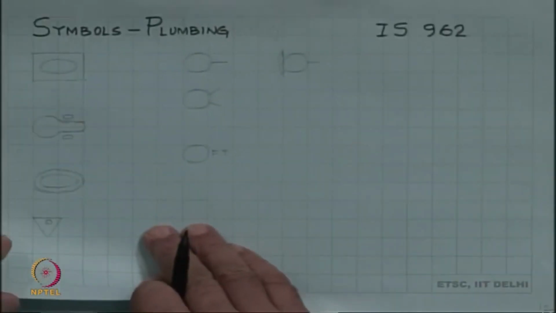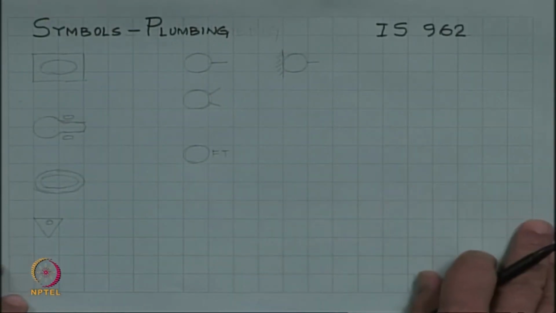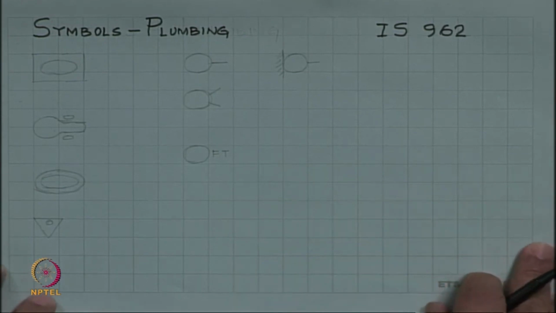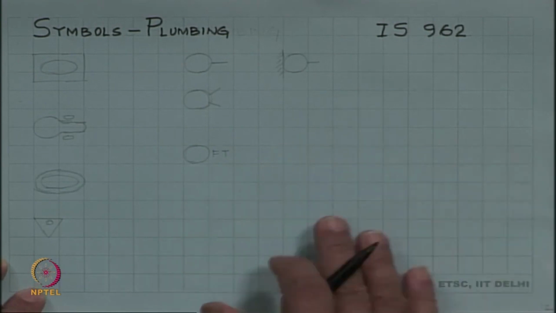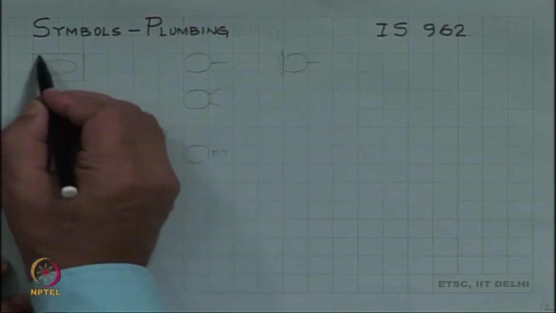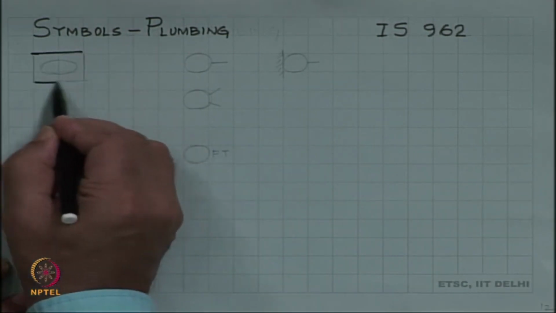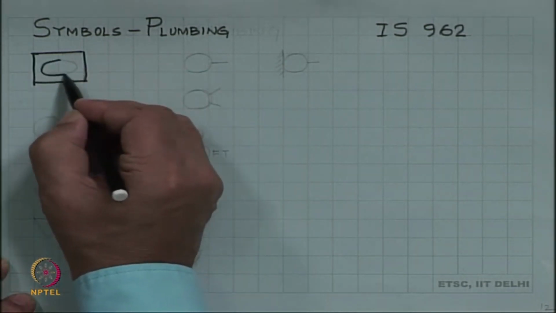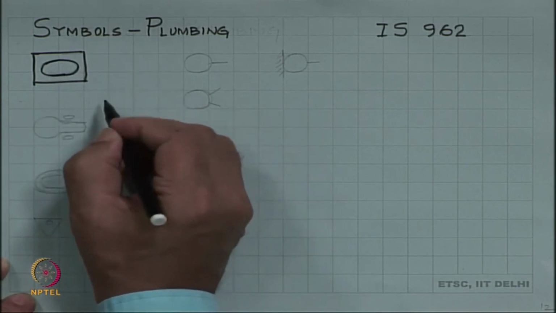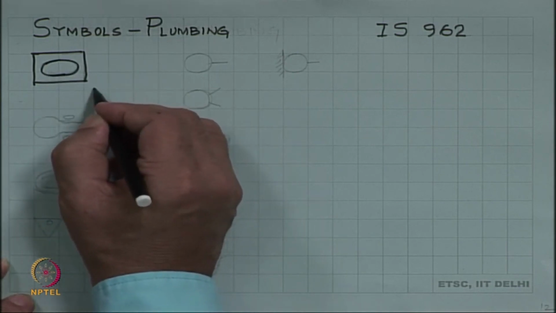We now come to symbols for plumbing. And here are some, I have reproduced some of the symbols, the others are there in the standard, and the rest we will put up on the website. One of the symbols is like that, and that tells you that this is a wash basin or a sink.